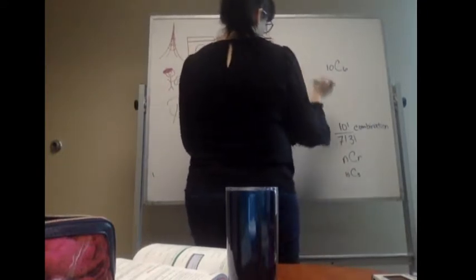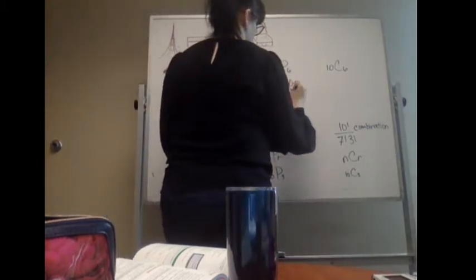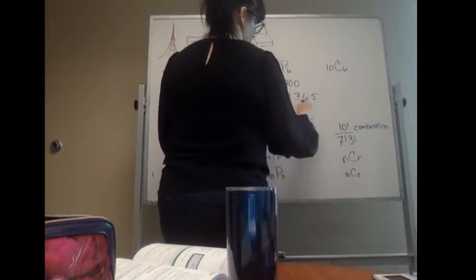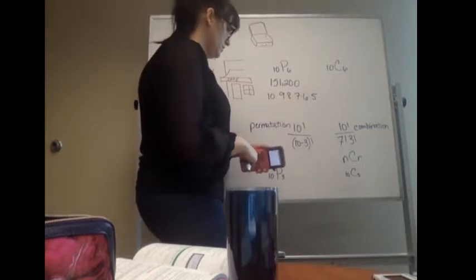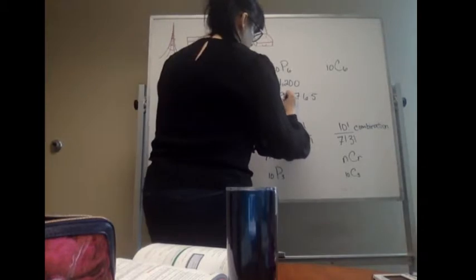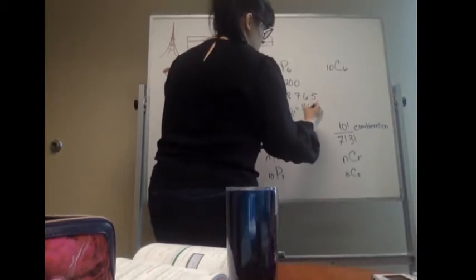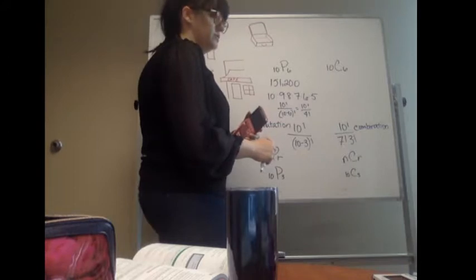Because if you think about it, what we're doing is 10 times 9 times 8 times 7 times 6 times 5. That will be a big number. It would be 10 factorial over 10 minus 6 factorial, which is 10 factorial over 4 factorial. So 4 times 3 times 2 times 1 would cancel.